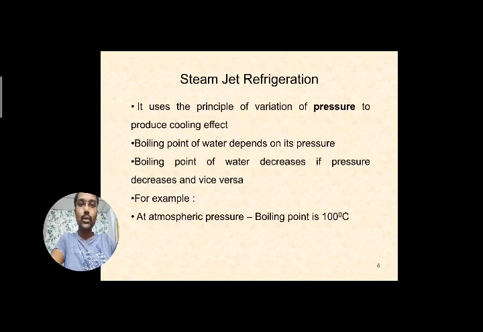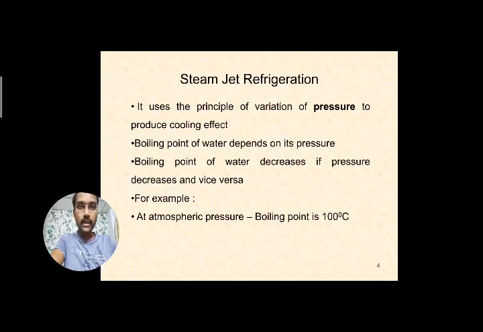So don't assume that boiling of water means only heating. Here, due to the pressure reduction, to 6.5 centimeters of water or 5 centimeters of water, the boiling point further reduces. It will boil at 10 degrees, or at 6 degrees centigrade only, instead of boiling at 100 degrees centigrade, which is at atmospheric pressure.